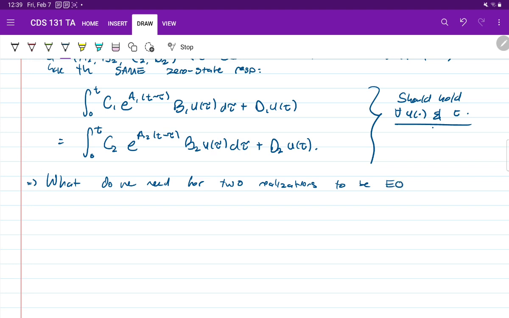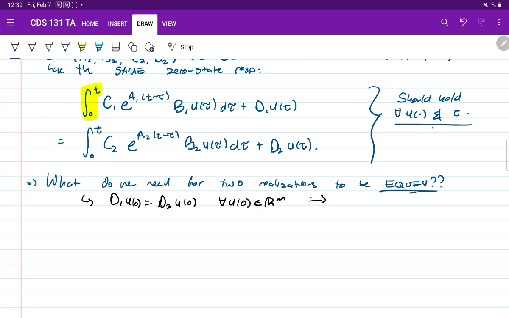Well, if we evaluate this expression at time t equals 0, then this entire integral term will disappear. So it seems reasonable that first we need D1 u at time 0 equals D2 u at time 0 for all u of 0 in R^m.